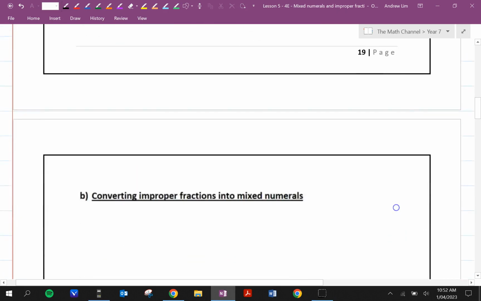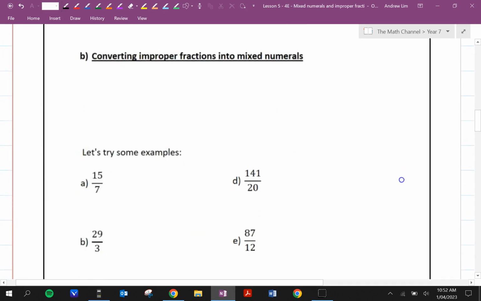Alright. What about going the other way? Okay, converting improper fractions into mixed numerals. So let's say, for example, I've got 11 over 3, and I want to convert this into a mixed numeral.